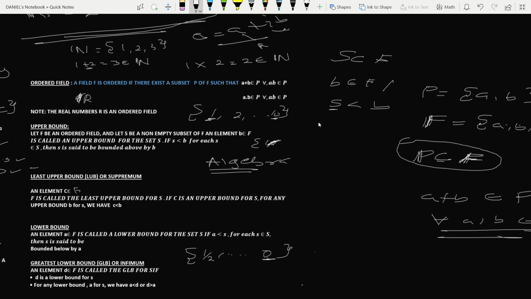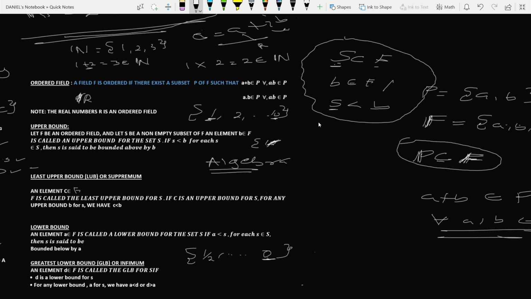It is different from the capital letter S that we have. Do you understand? So it simply means that this small s is a member of the capital letter S. So this s must always be less than or equal to B if capital letter S is a subset of F. If this condition is satisfied, then we say that it is an upper bound.